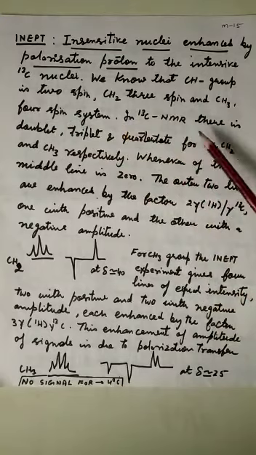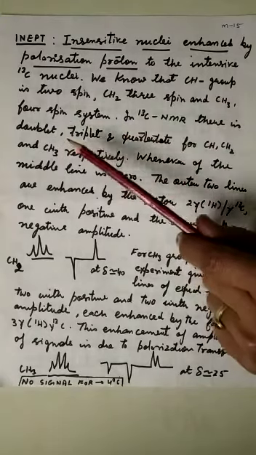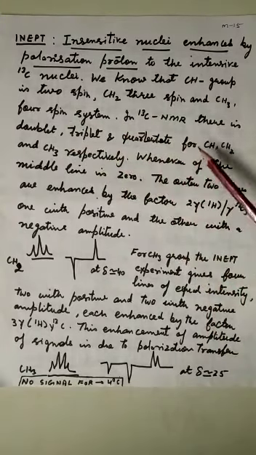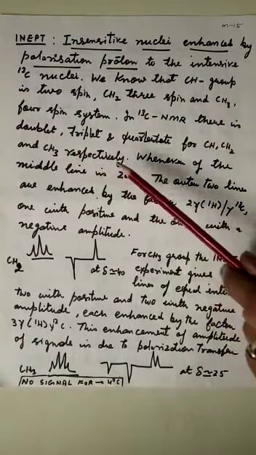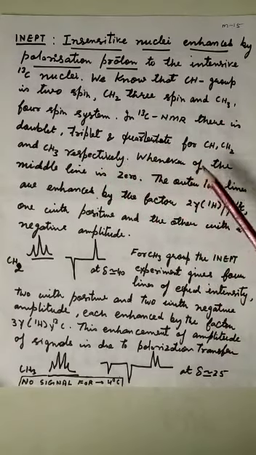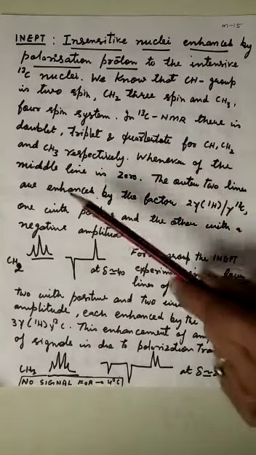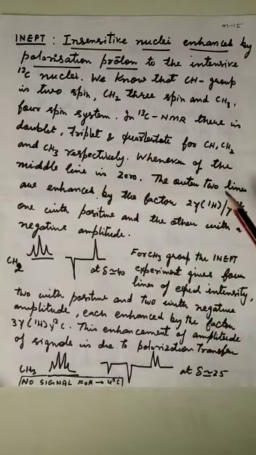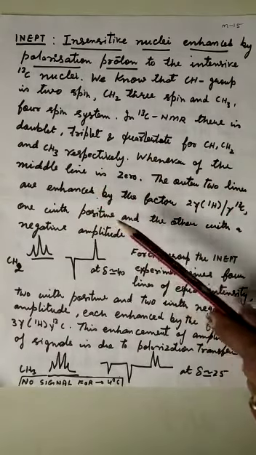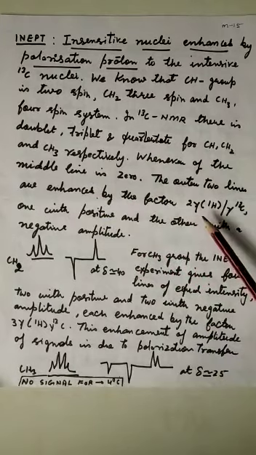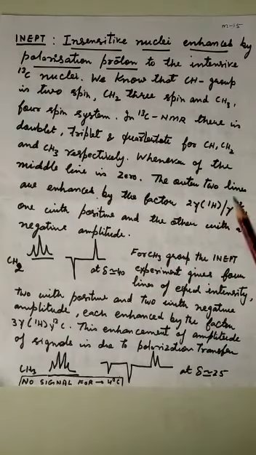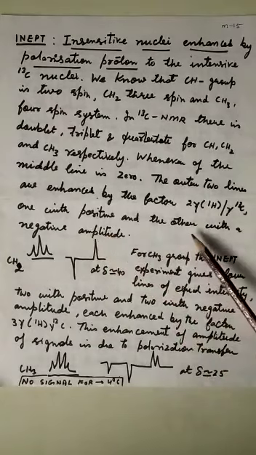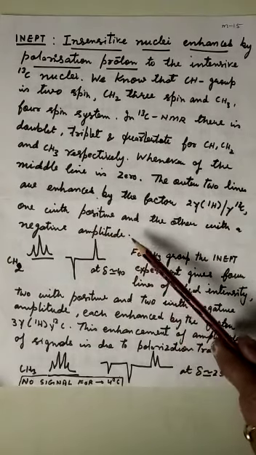In C13 NMR there is a doublet, triplet and quartet for CH, CH2 and CH3 respectively. Where the middle line is 0, the outer two lines are enhanced by the factor 2 gamma 1H divided by gamma C13, one with positive and the other with negative amplitude.